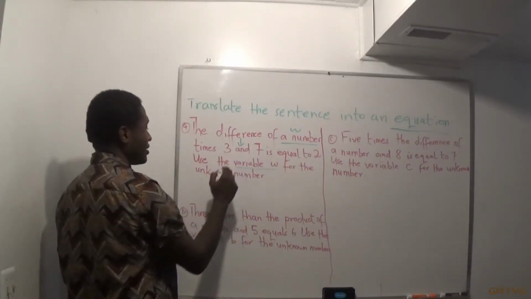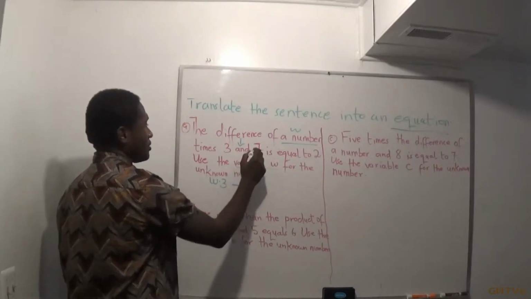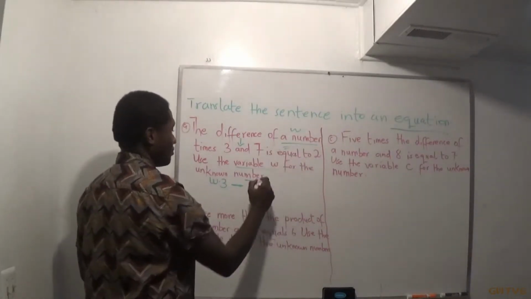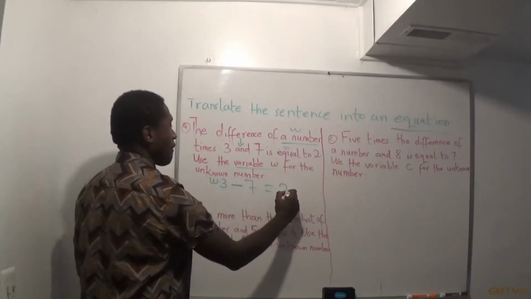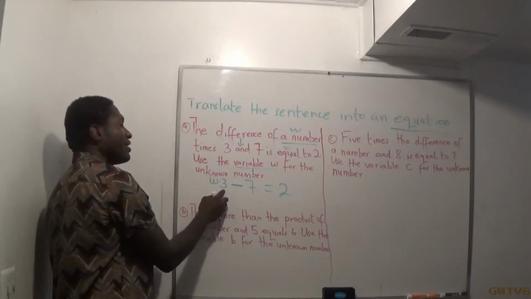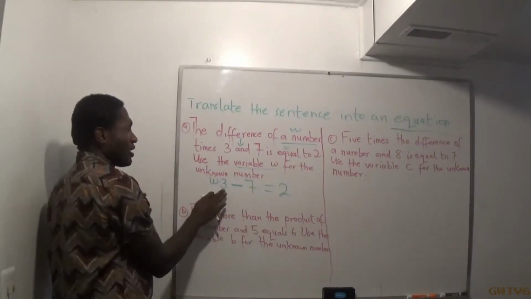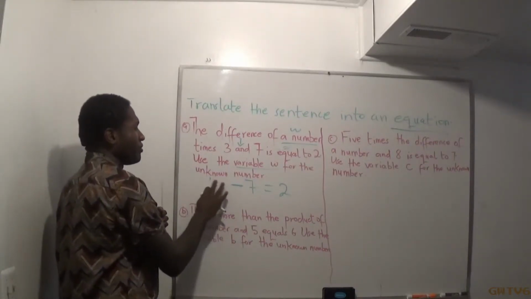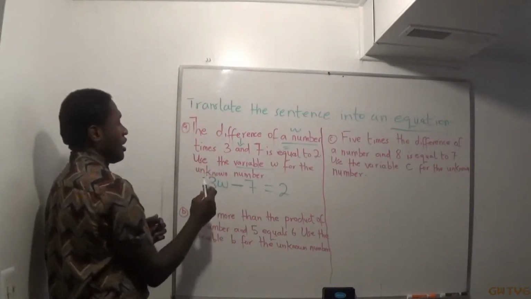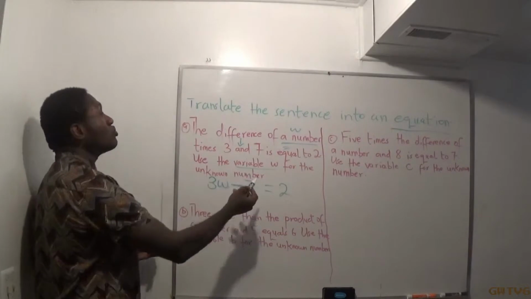So I'm putting minus 7 is equal to 2. And that's it. But w times 3 is 3w. So I can just change that to 3w. So I have 3w minus 7 equals 2.